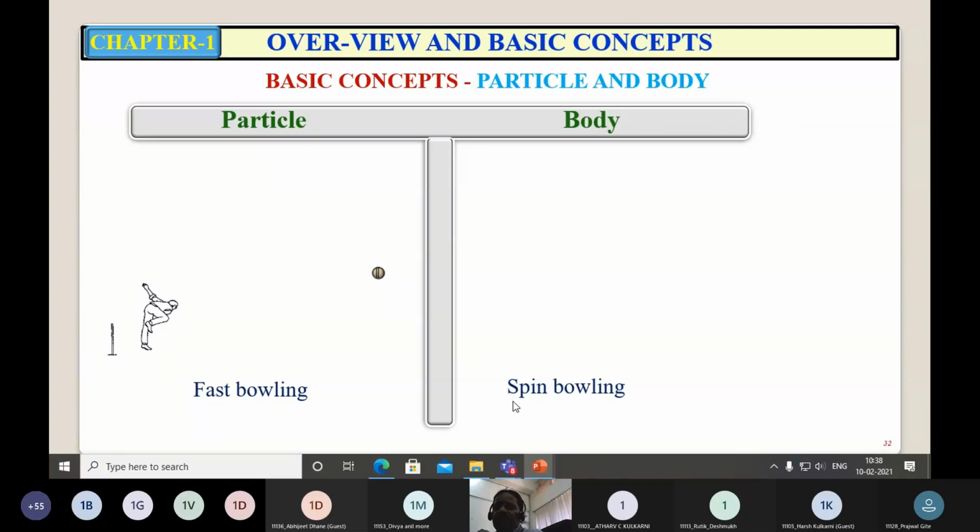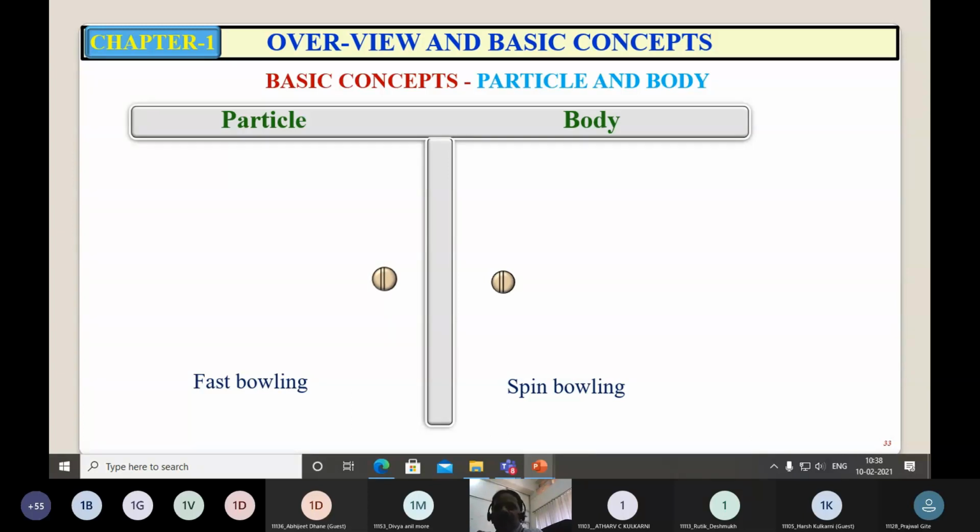If the same ball is thrown by a spinner, then while analyzing the motion of the ball, we have to consider the rotation. Spinning means rotation of the ball, right? So in fast bowling, we can neglect the rotation, hence we can treat that ball as a particle.